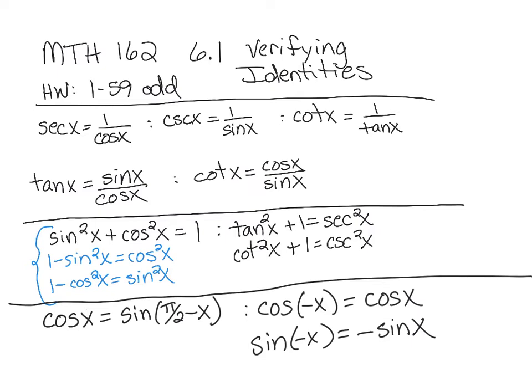And this works for any angle. It's just always the way it is. So if you need to know tangent of minus, then you just take sine over cosine and you get negative tangent. So you should be able to use these things up here to derive all of these, and then we're going to add to this. All right, let's get down to what we're actually doing.